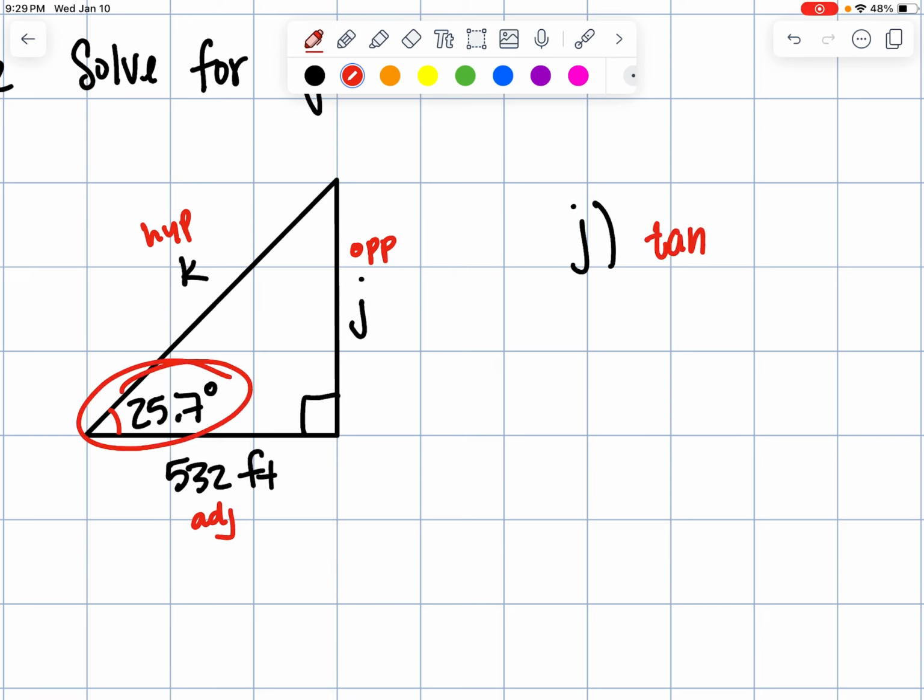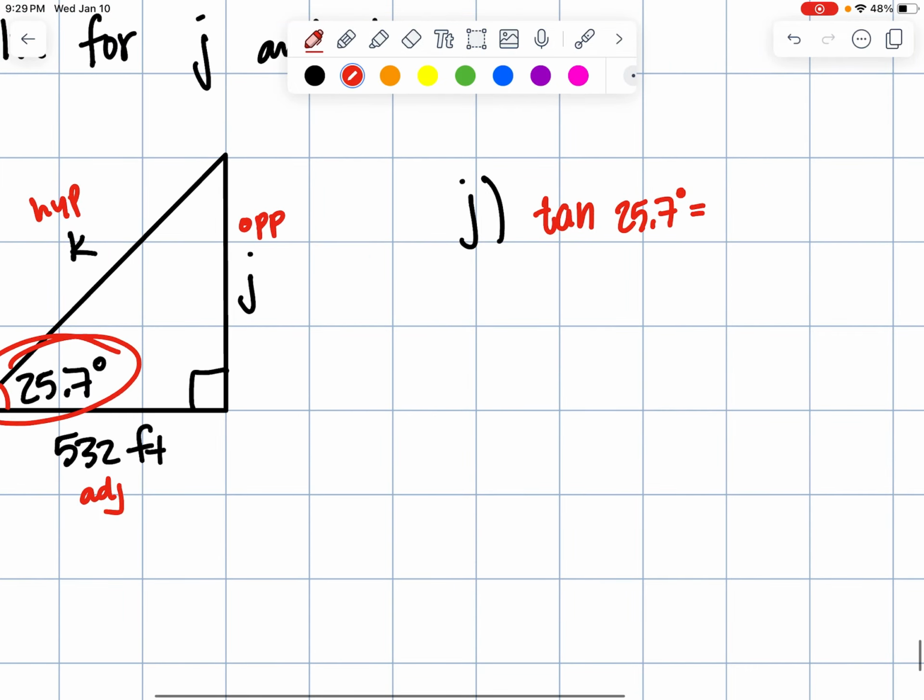Since we're working from this angle, tangent of 25.7 degrees is equal to opposite, which is j, over adjacent, which is 532 feet. In this case, it's easier because j is already almost isolated. All we have to do is multiply both sides by 532.